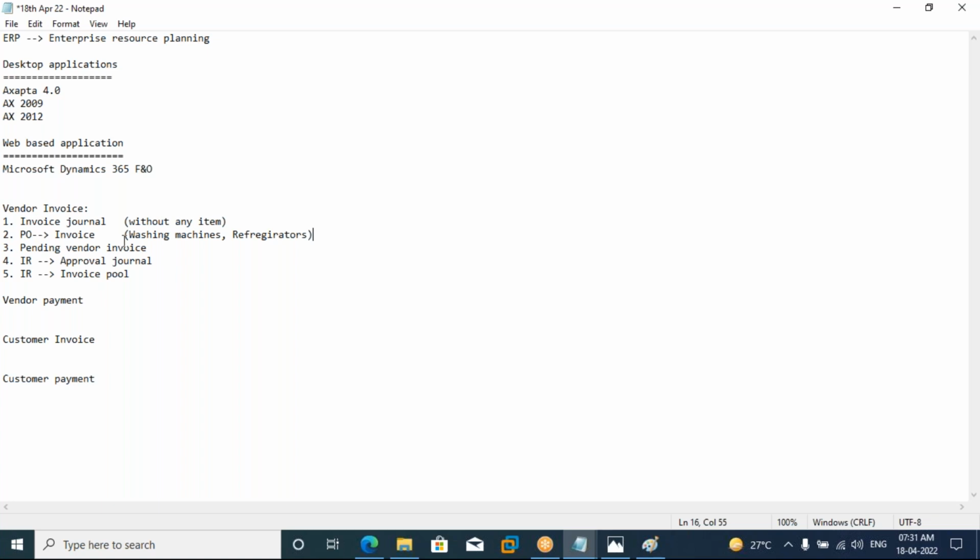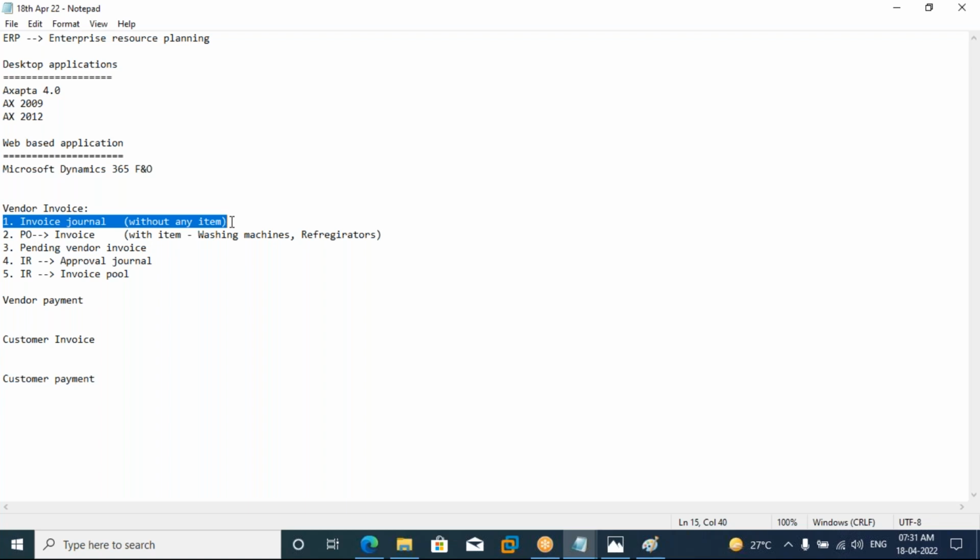This is with item, so I need to capture the item details: how many washing machines I have purchased, how many I have sold, how many are available. That is purchase order invoice. Invoice journal means it is expense items I am purchasing.